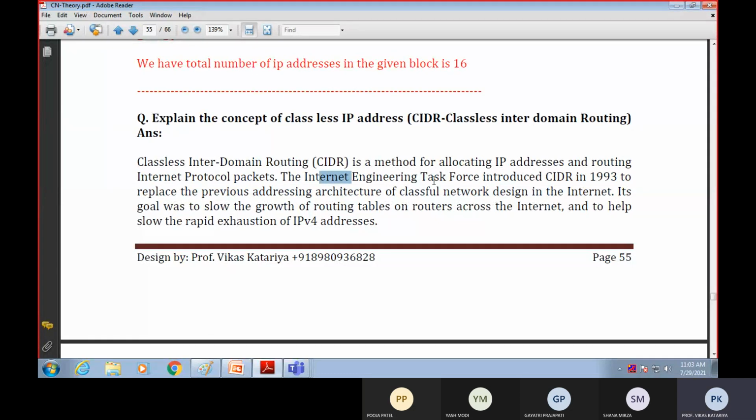The Internet Engineering Task Force introduced CIDR in 1993 to replace the previous addressing architecture of classful network design in the Internet. Its goal was to slow the growth of routing tables on routers across the network, to help slow the rapid exhaustion of IP version 4 addresses.